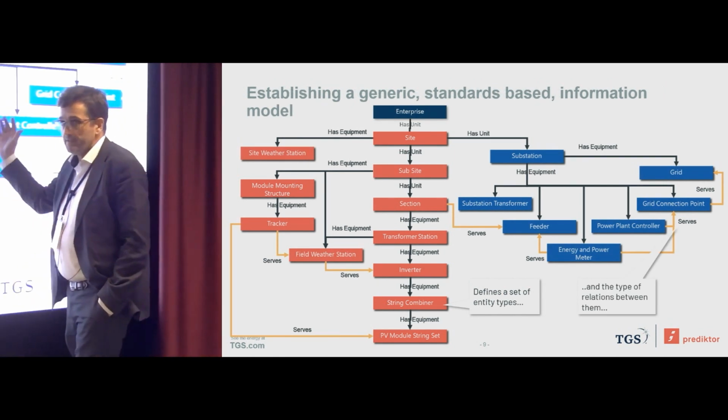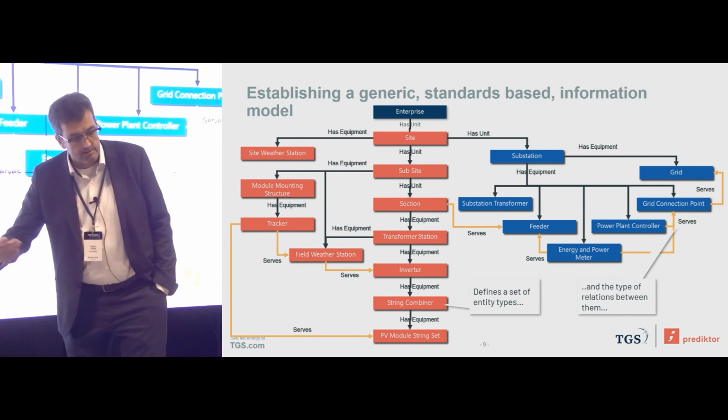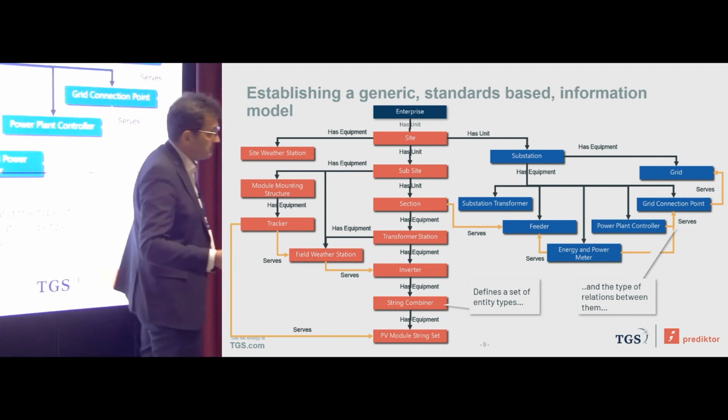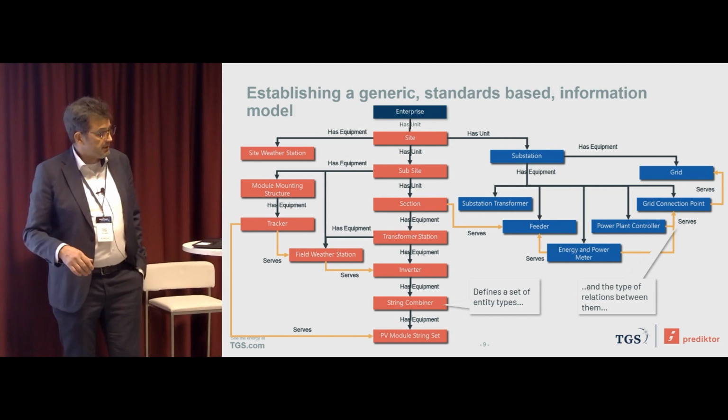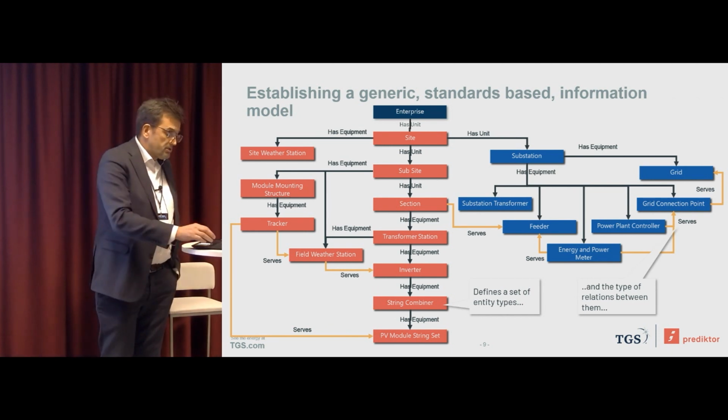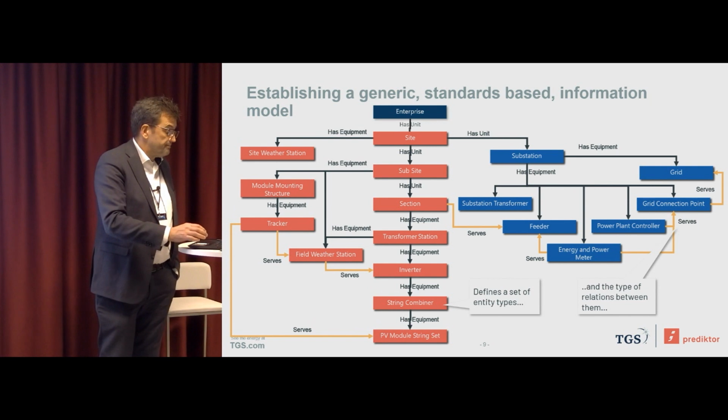These equipments are classified types, so you will find these in all kinds of assets. It's not an enormous number of equipment types, so there's a good chance to standardize this.